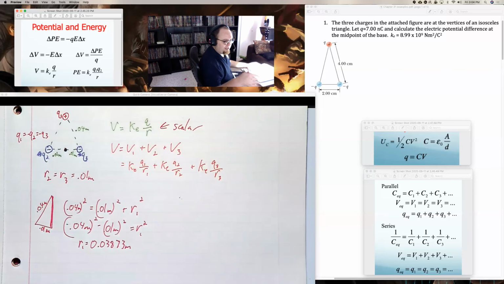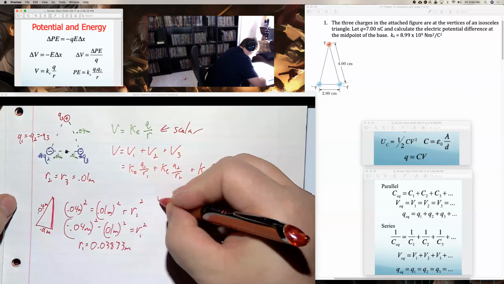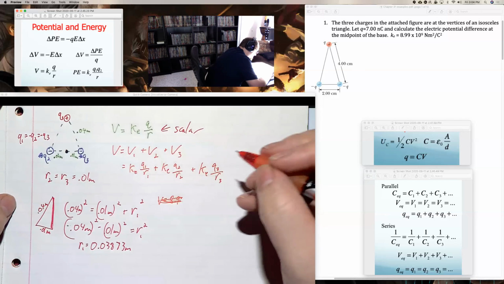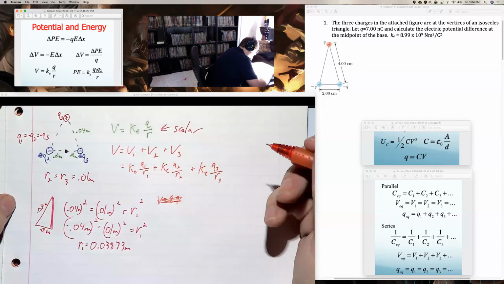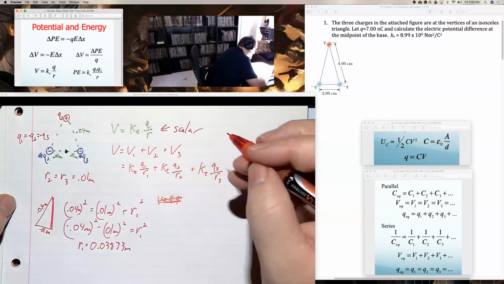Now, in my solutions, I factored this out in a weird way, but for space I'll factor it out here. Keep in mind that Q1 equals negative Q2 equals negative Q3.